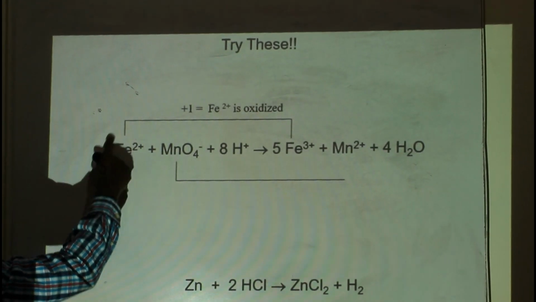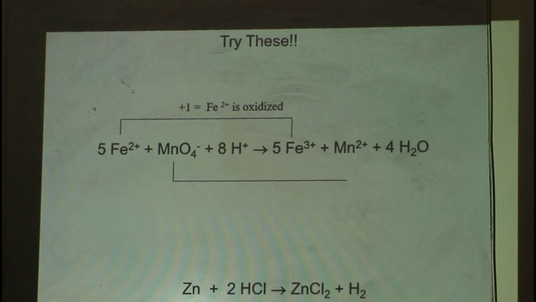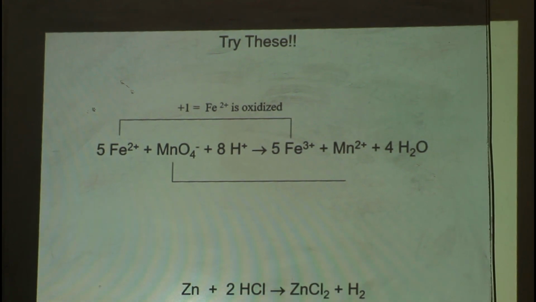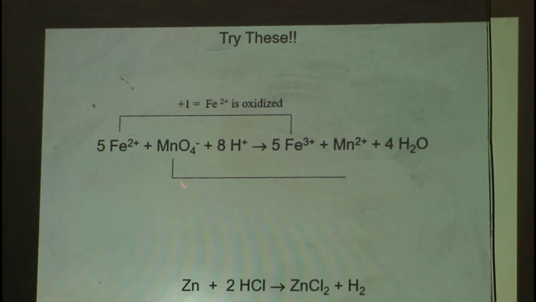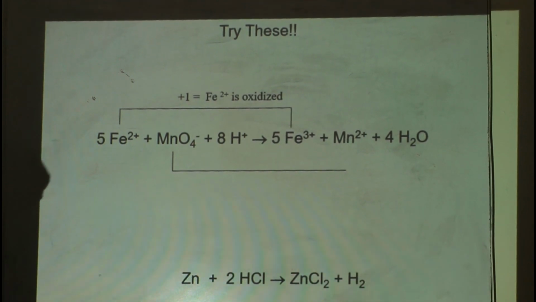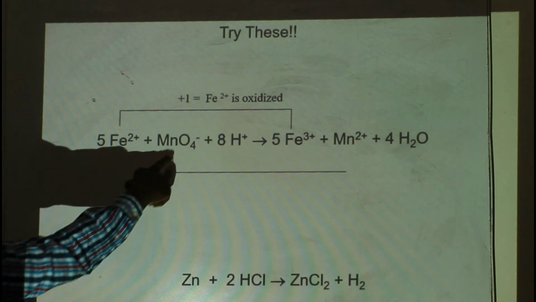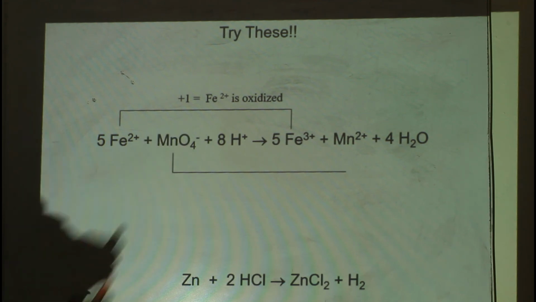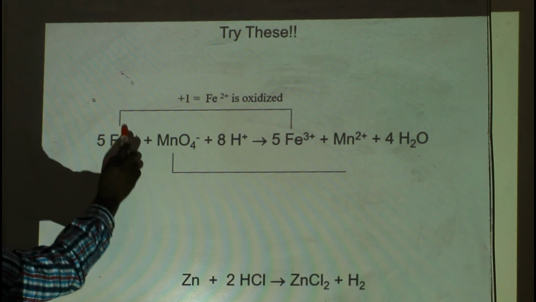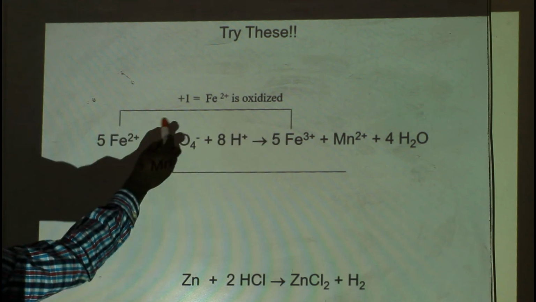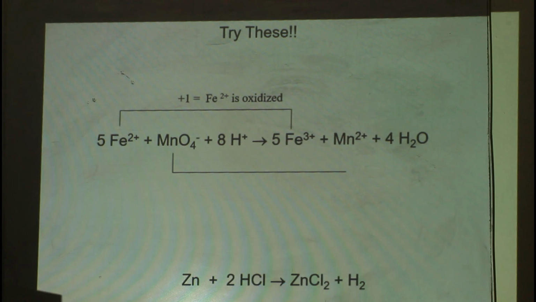So this one is a reducing agent, though it has oxidized. And again, the manganese which has reduced is an oxidizing agent, because the manganese caused the iron 2 to oxidize from iron 2 to iron 3. So we say this is an oxidizing agent.